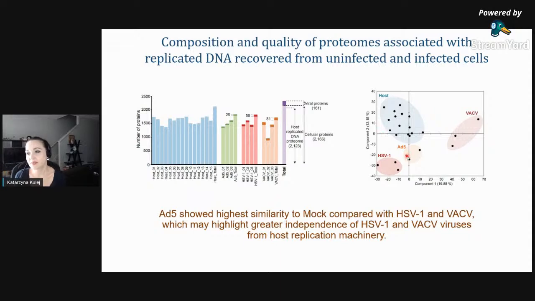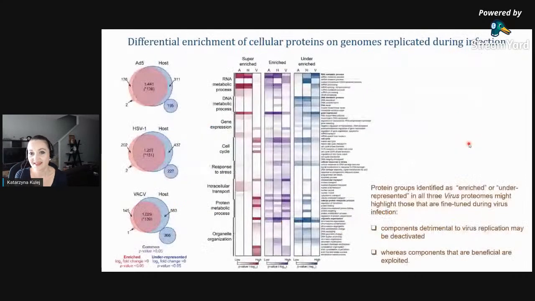This PCA very nicely represents what I also said in the introduction, how the size of the viral genome defines how dependent the virus is on its host. As I mentioned, adenovirus is the smallest one, so of course it will use the highest number of host factors to support its replication, and indeed it is the closest to the host. The second is HSV, and the last is vaccinia, which is the most independent virus. So this is a very nice picture.